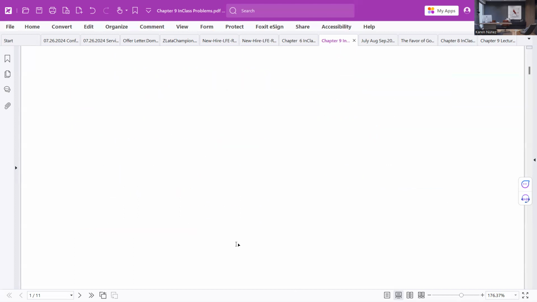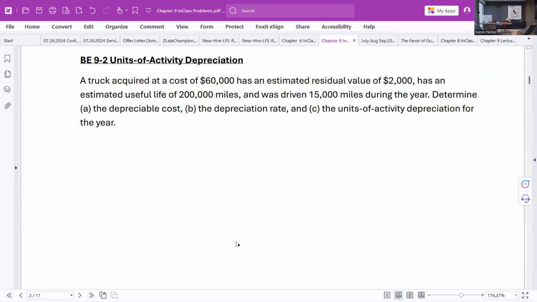Let's look at the units of activity method. Again, we need the depreciable cost, the depreciation rate, and then the actual depreciation for the year.